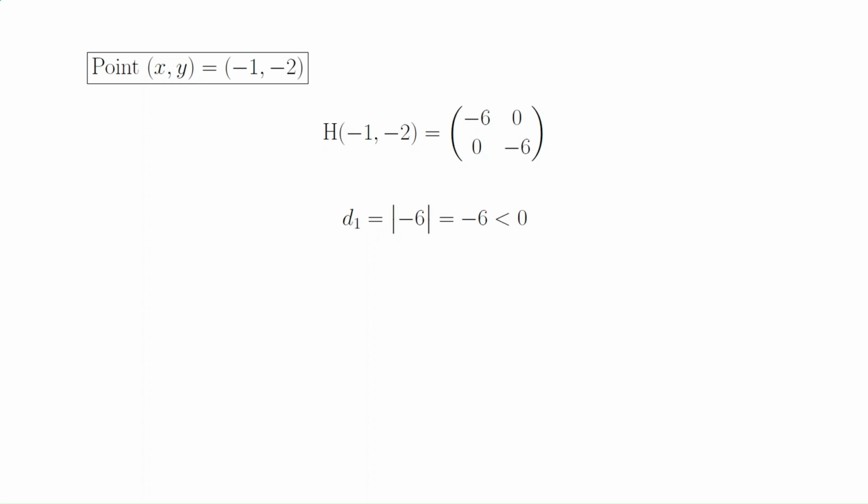And keep in mind that it is negative. The second leading principal minor is the determinant of the upper left 2 by 2 submatrix. Since we only have 2 variables, this is the last minor that we have to consider, and it is equal to the determinant of the full matrix. In this case, the result is 36, which is positive.